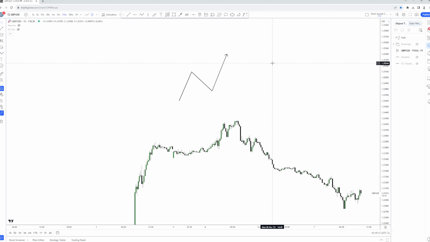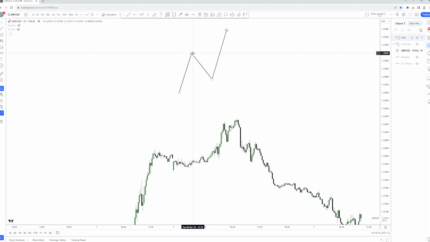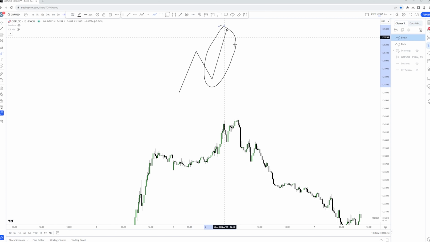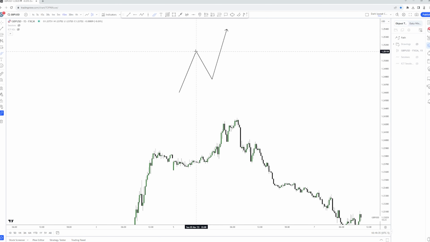So what is the breaker block real quick? Let's say that we have an impulsive move towards the upside, such as this move exactly right here. And let's say then that this move is breaking above this point very impulsively without even giving the slightest reaction from this resistance area.